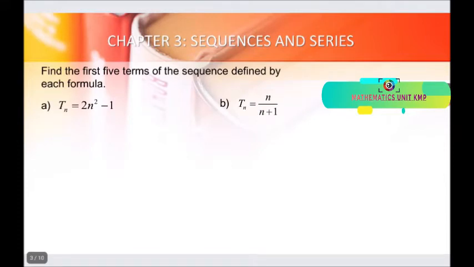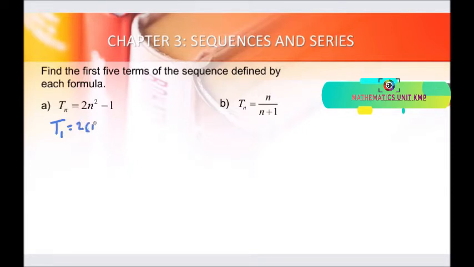Let's look at the example. Find the first 5 terms of the sequence defined by each formula. Tn equals 2n squared minus 1. So for the first term, T1, substitute 1 into n.